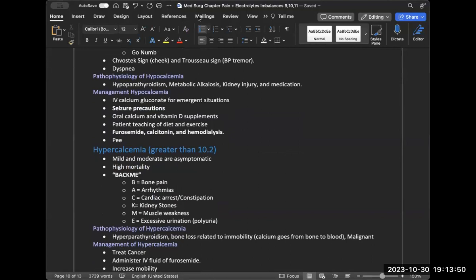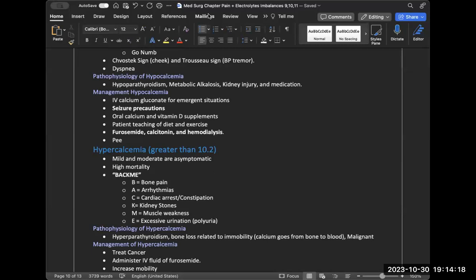Now, I said that calcium is controlled by that parathyroid hormone, okay? So parathyroid hormone controls calcium. So when you have hypocalcemia, you have hypoparathyroidism. Know that. It's going to be very important, okay? So management of hypocalcemia means we're going to restore calcium levels. So we want to give them calcium gluconate, seizure precautions, because they can have seizures, and replace those calcium levels.